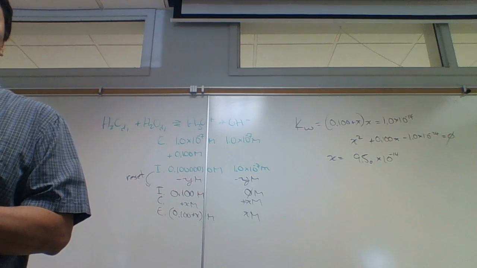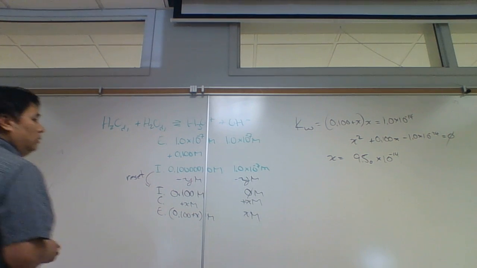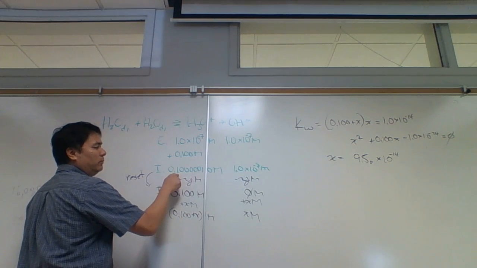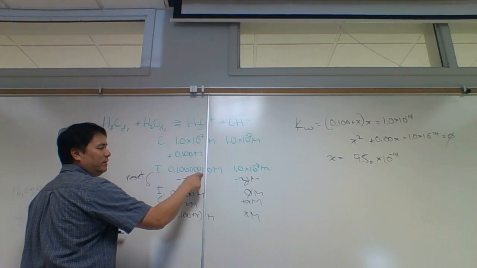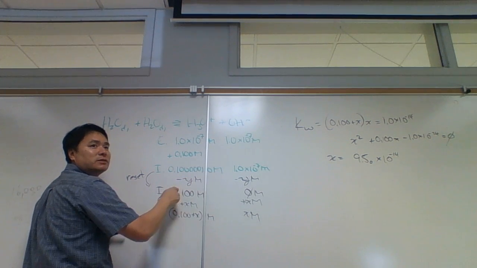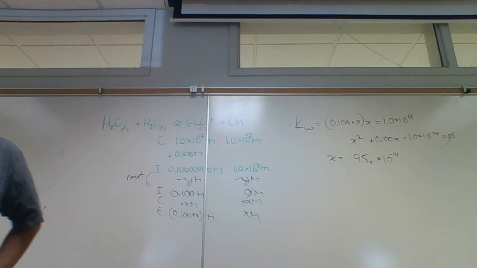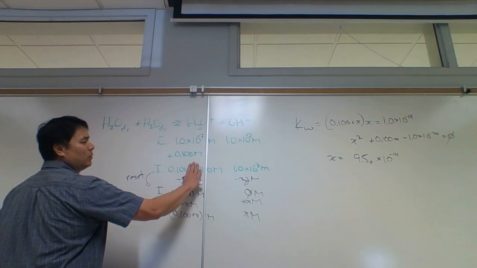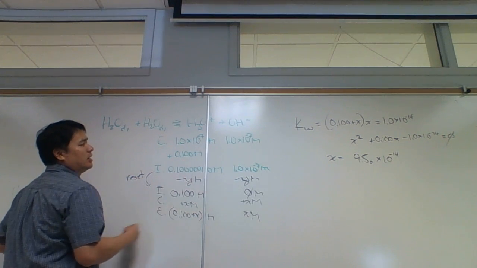Can I just ask, how did you get the 0.100 molar? Is there something you have to subtract? Yeah, I subtracted: 0.1001 minus 1.0 times 10 to the minus 7, you get 0.100. In other words, the 0.100 here came from the HCl.